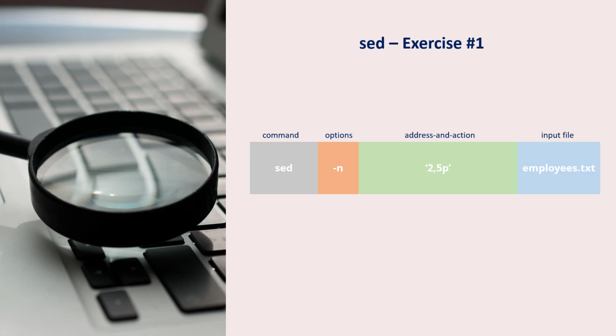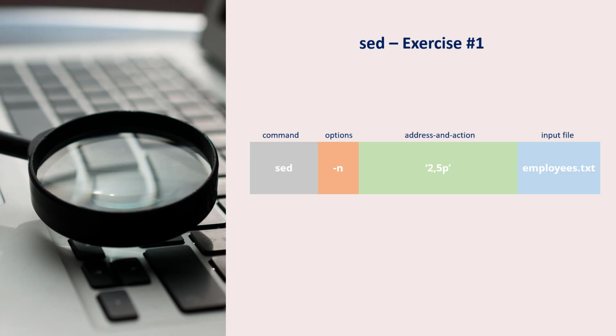Next is the address and action part. Address is 2,5. This addressing is called line addressing. It selects the line numbers from 2 to 5 from the input file. Next is the action. We have given p as the action here. p simply prints the selected lines.